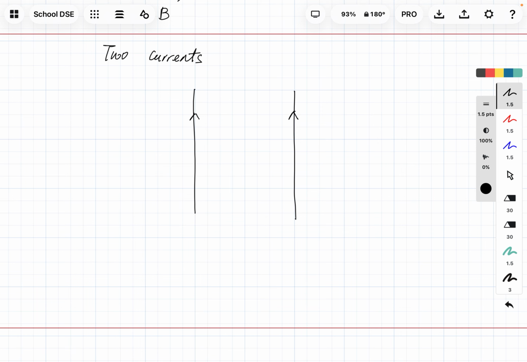If they were charges, they would be opposite charges and attract. But Mr. Wong said it's the opposite to electric charges, so they should repel. Therefore, the force should be going this way. But can you explain it using Fleming's rule? That is the question.